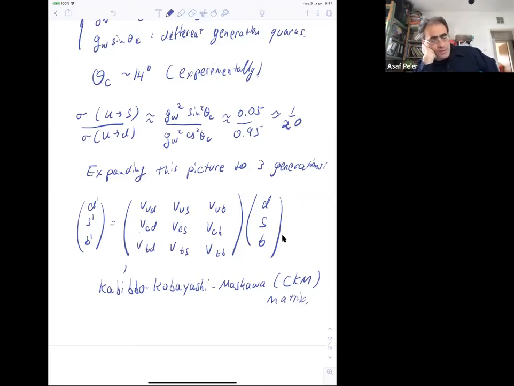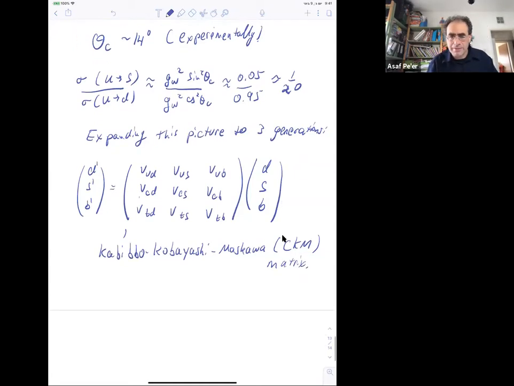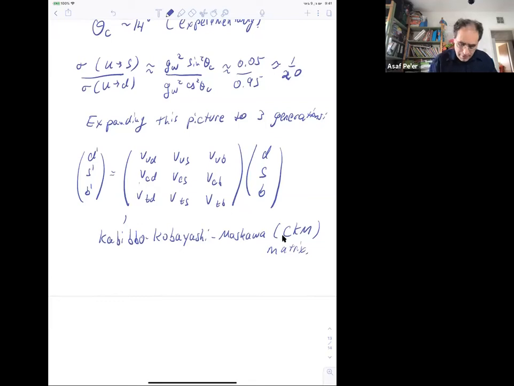It really describes the probability of a quark of one generation to interact with the quarks of another generation. So the V_ij are really complex constants, and there is nothing in the standard model that tells what the values of these V's are. So V_ij are just complex constants.